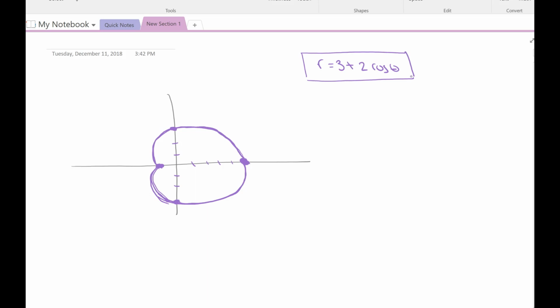All right, here's what I want you to do. For this dimpled limaçon, would you go and take a highlighter and highlight the portion of the graph that is traced over the interval of theta from, let's say, pi over 6 to 2 pi over 3, and then replay me.